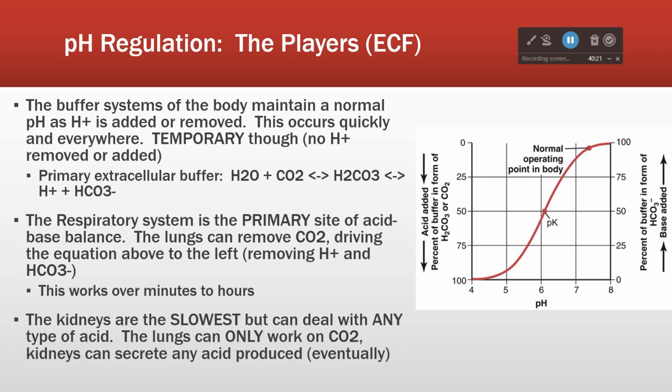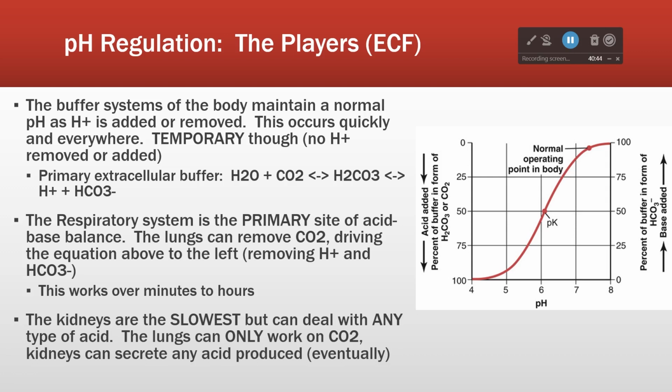Now what's interesting is our buffer system has a pK of about 6.1, where it would be balanced 50-50. That isn't where the body lives. We live way up here. So even though this is our buffer curve, the body prefers to have less CO2 and more bicarbonate.